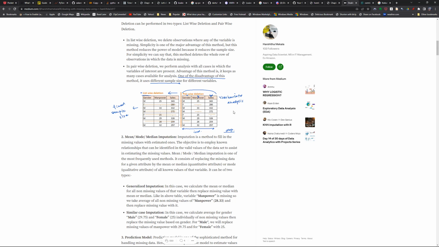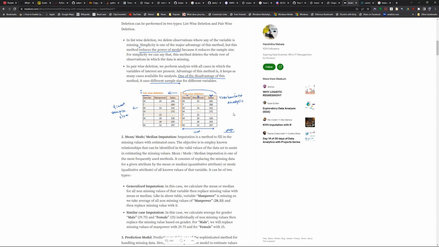Correct. That allows us to develop our model and then try to understand some of the association or get some prediction. But here it also says that it reduces the power of the model. In terms of traditional statistical purposes, list-wise deletion can be very useful, because we can just understand the association.